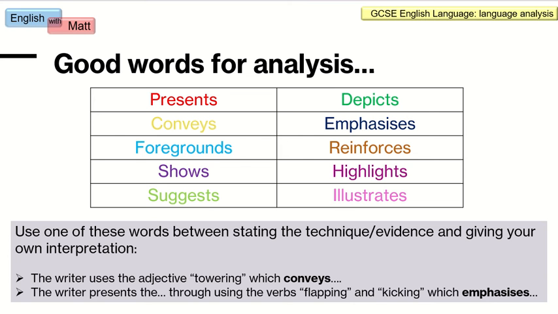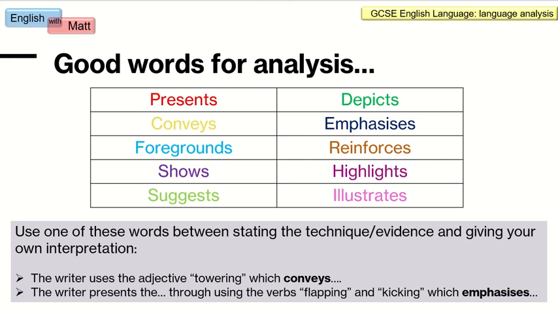The writer uses the adjective towering, which conveys, or the writer presents the whatever through the verbs flapping and kicking, which emphasizes. So you can see that both of those words in bold I've taken from this grid, showing a much more confident way to comment on the effects of language choice.